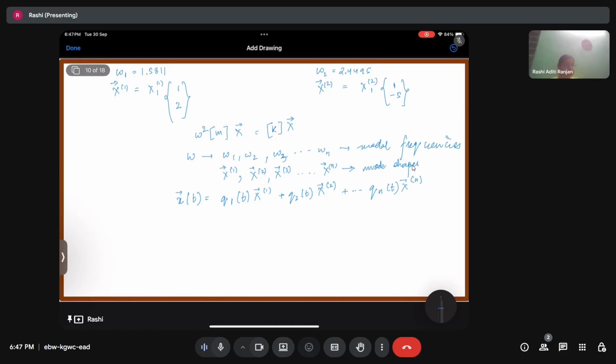We can write this further in the matrix form as X into q of t, where q of t you already know. Basically, X is going to be a matrix that contains all the mode shapes. These are going to be the mode shapes.